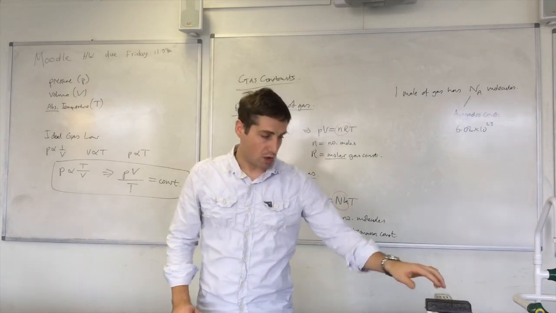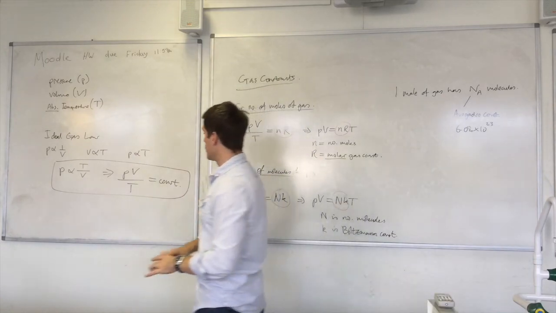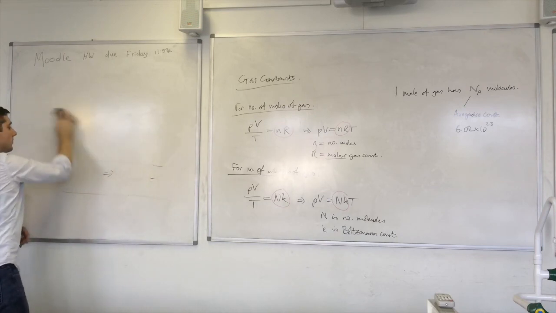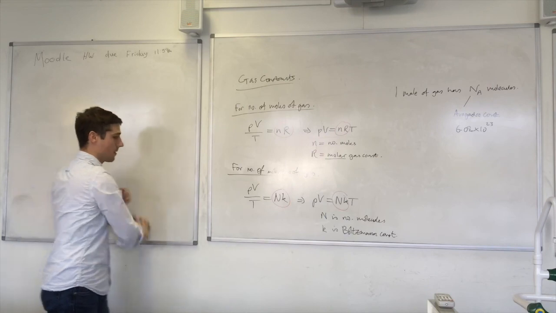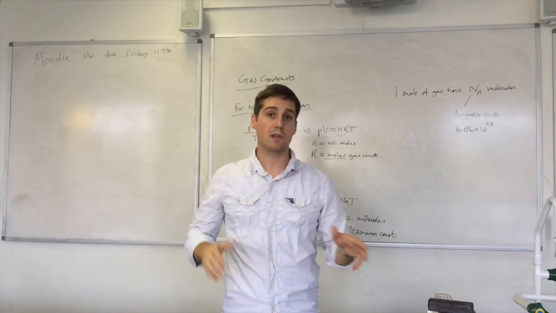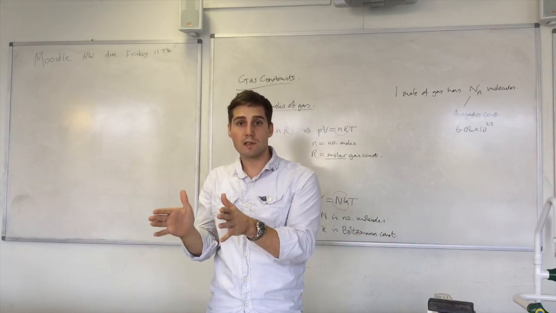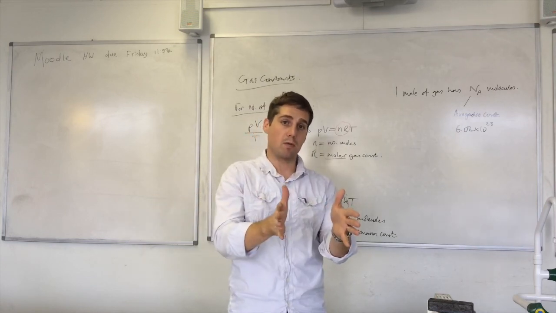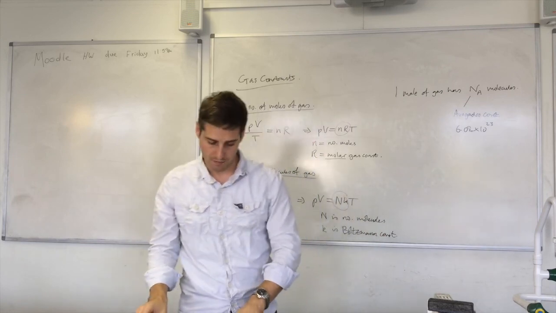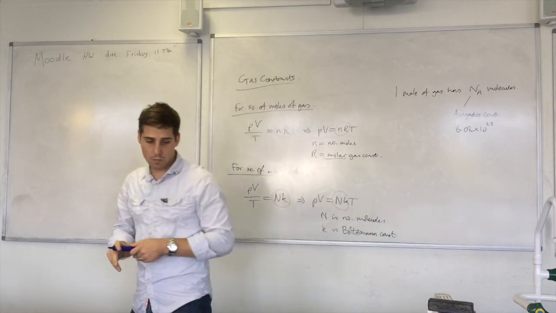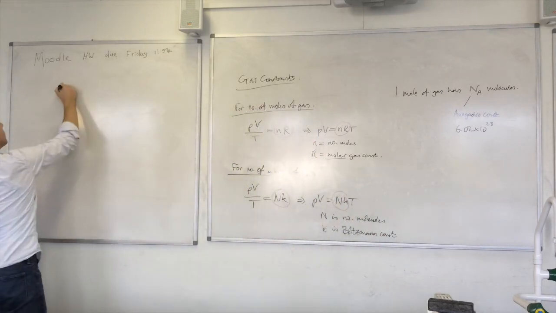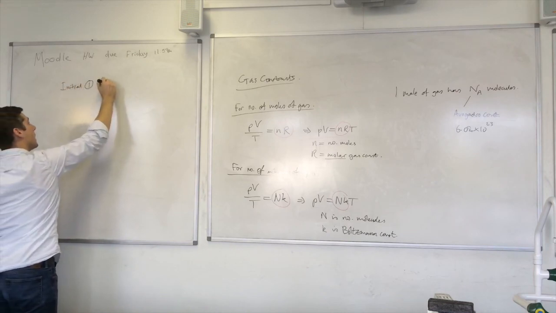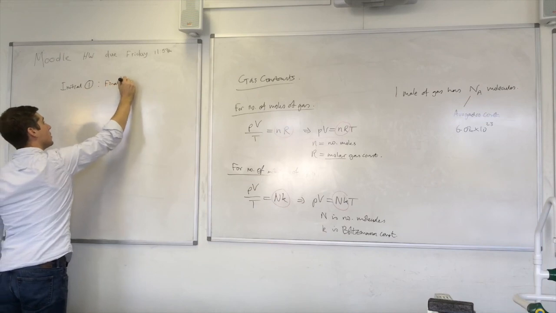Okay, let's have a look at actually using the gas laws, these proportional relationships. Like most things in physics, we look at initial conditions, something happens to whatever we're observing, and we have final conditions for that system. So you have initial, which we call 1, and final conditions 2.